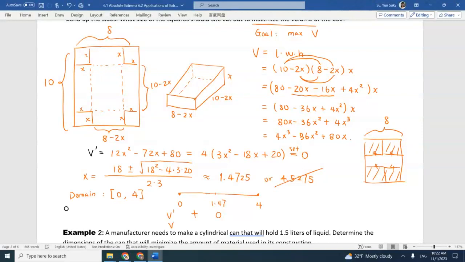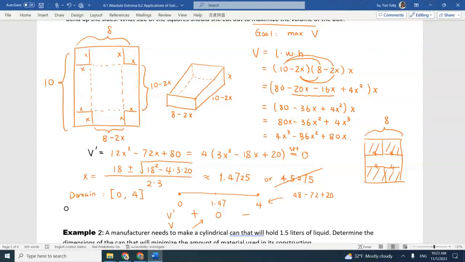So 4 times 3 times 4 squared is 16 times 3, 48. So we plug in 4, we get 48 minus 4 times 18 is 72, and then plus 20. Do you see we get what? 6, yeah, negative.